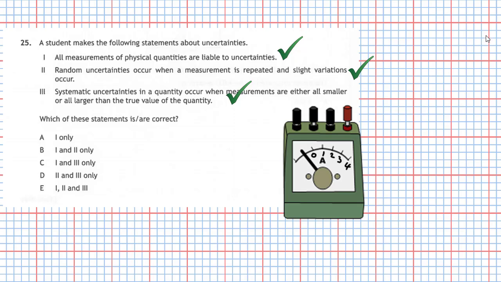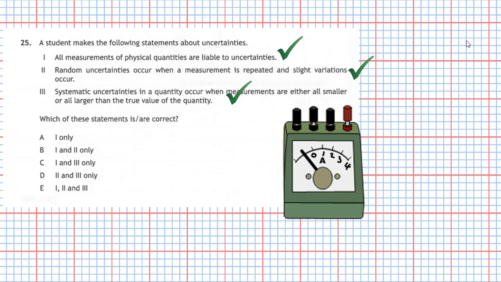It is down at -1, and therefore every measurement I take will be less than the true value of the current. So a systematic uncertainty occurs when our meters are not properly calibrated, or something is wrong with the experiment which is going to give the same sort of uncertainty in each quantity all the time.